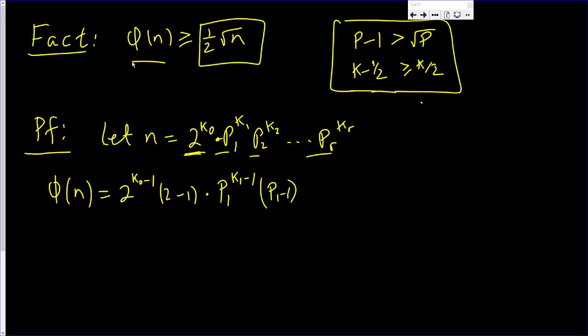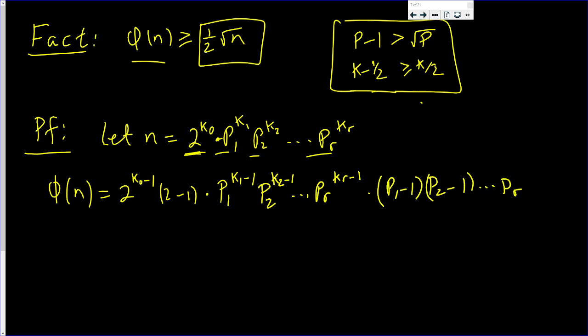Actually, I'm going to put the p1 minus 1s on the end. So we have p2 to the k2 minus 1 all the way up to pr to the kr minus 1 times p1 minus 1, p2 minus 1, all the way up to p sub r minus 1.